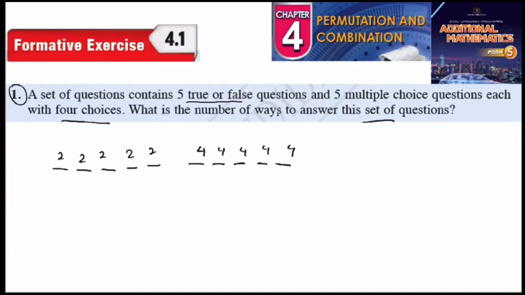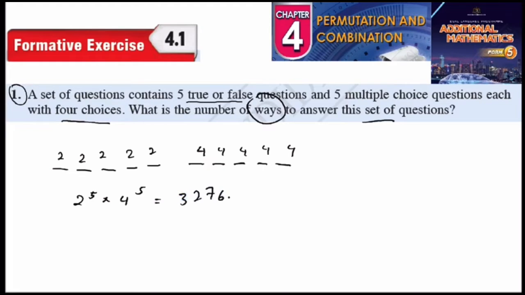So the number of ways to answer all the questions is 2 to the power of 5 times 4 to the power of 5, or you can write 2 times itself 5 times, and 4 times itself 5 times.